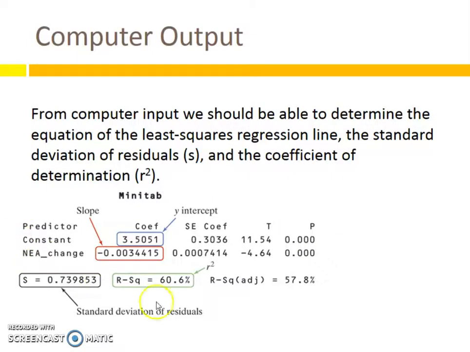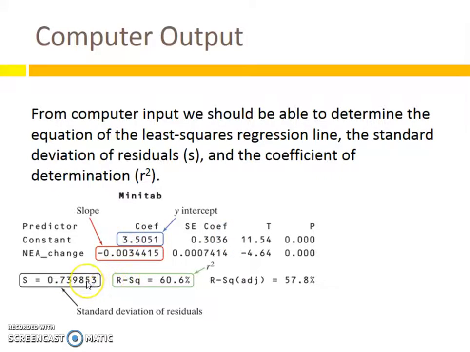So from this output right here, this is how it's always going to be laid out. So you kind of just have to memorize. Intercept is going to come first under this little coefficient one. The slope comes immediately underneath of that. All right? We're going to ignore the rest of this junk for now. Under the standard error coefficient, the t, the p, that'll all make sense later in different chapters. For now, all we care about these two numbers.